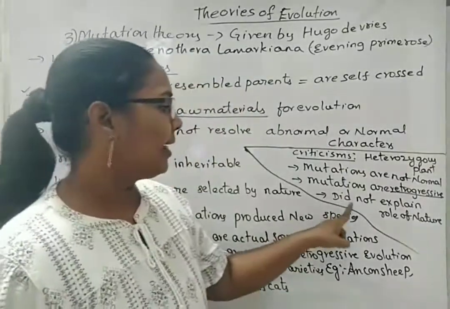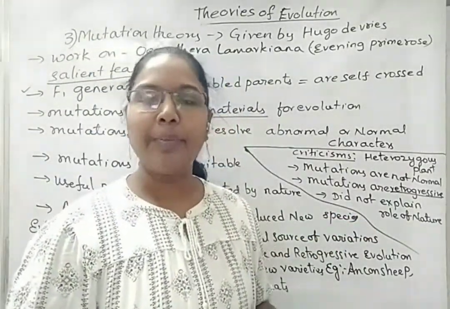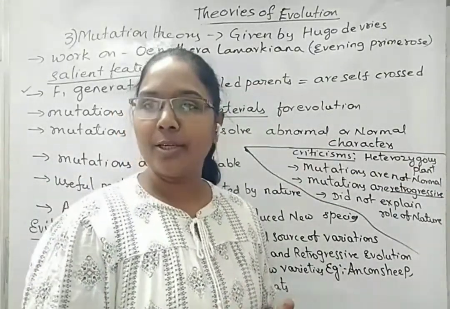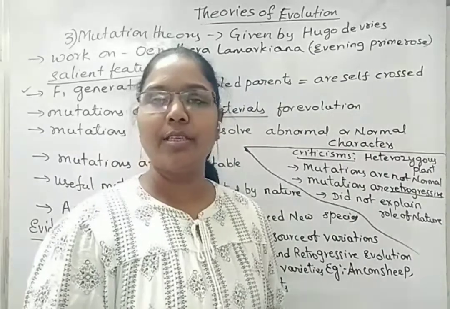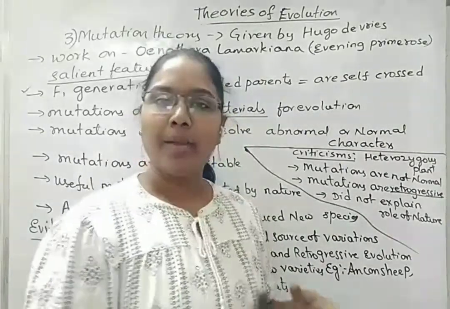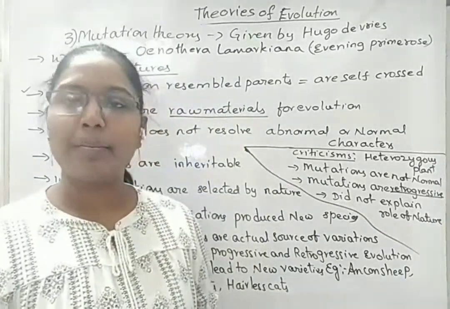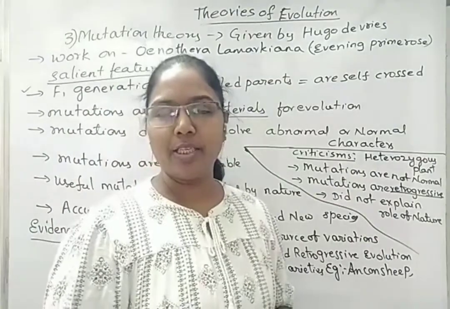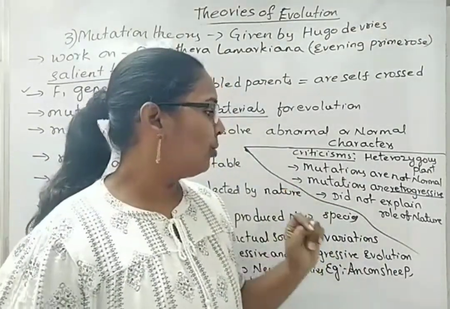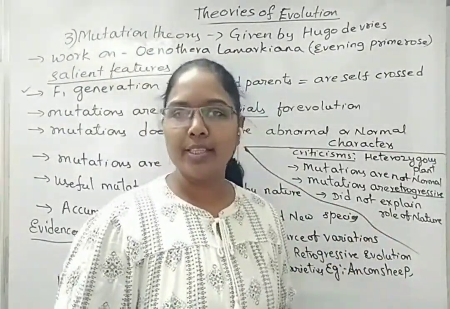Next, he did not explain the role of nature. Darwin linked the development of the organism, or progressive evolution, with natural selection by nature. Even Lamarck gave a little idea about the existence and development of long-necked giraffes by linking it with nature and natural selection. But Hugo de Vries did not explain at any point the role of nature.